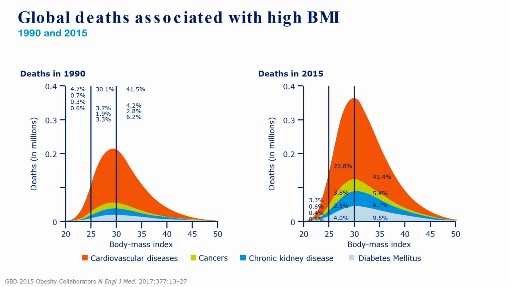And what's evident is that the proportion of deaths for any given disease is unchanged between 1990 and 2019, with the same proportion of people dying of cardiovascular disease, and the same proportion of cancers, chronic kidney disease and diabetes. But what is clearly evident is that the number of deaths has increased quite dramatically for any given body mass index, indicating that there are other factors associated with this morbidity and mortality seen with obesity.